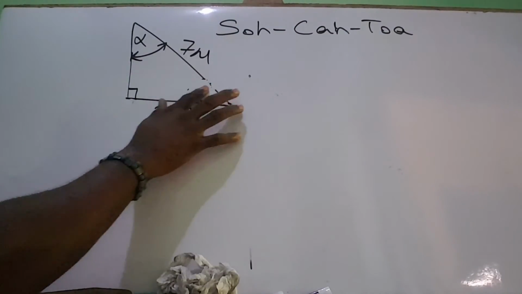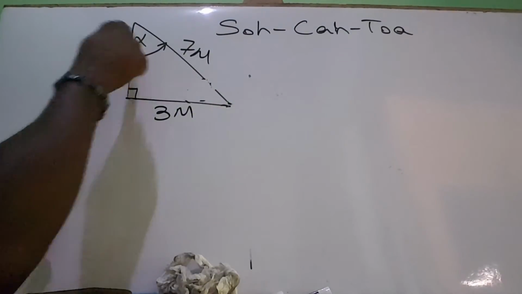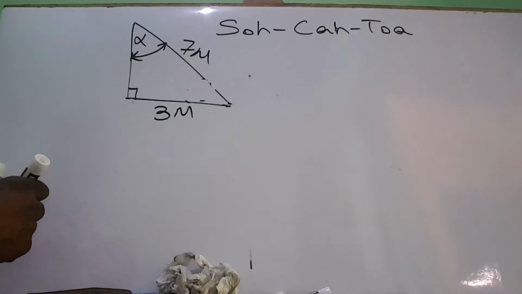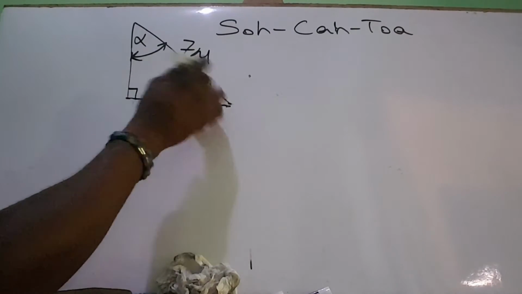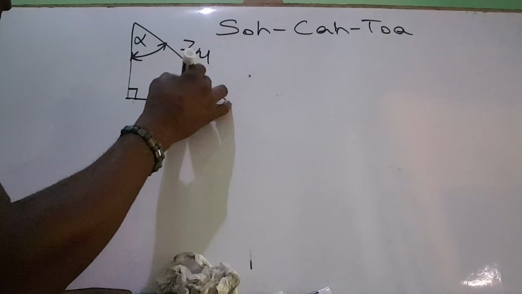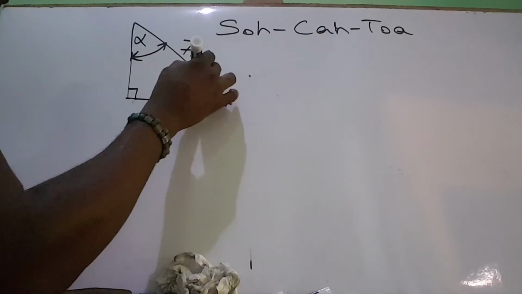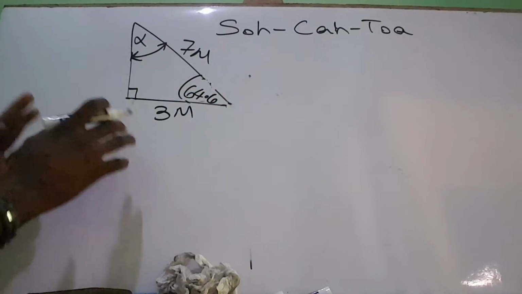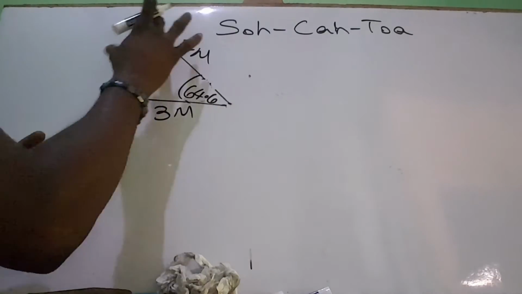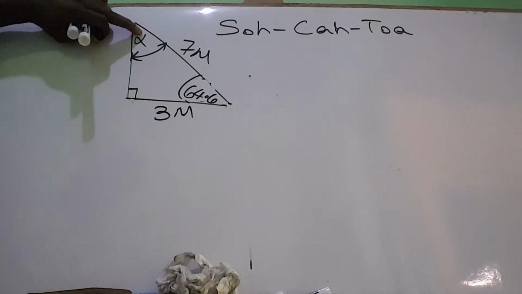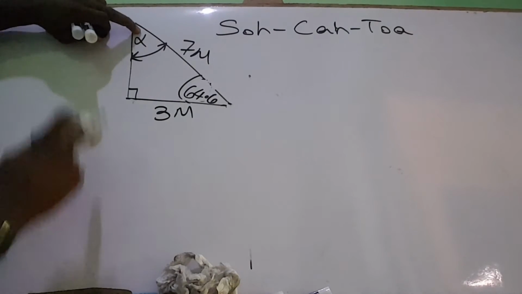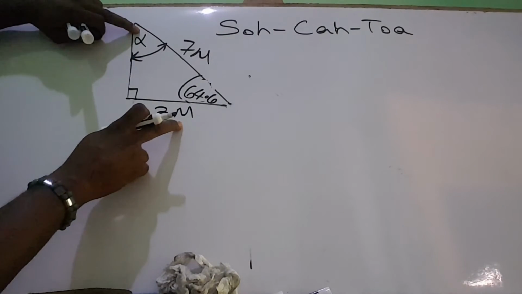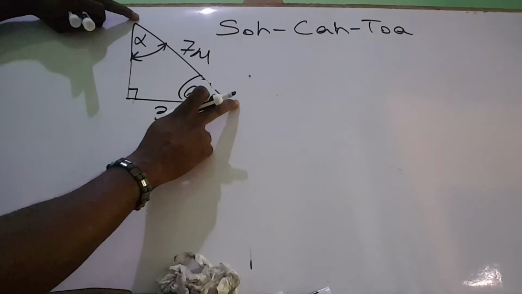Same situation. We're saying that, what is this angle? Now already we know what this angle is, so we're just going to use our trig rules just to prove. So this is 64.6. Remember, we rounded off this, but we want to test our thing here to see. So this is alpha, right? So we want to find this angle where we have the opposite and we have the hypotenuse.